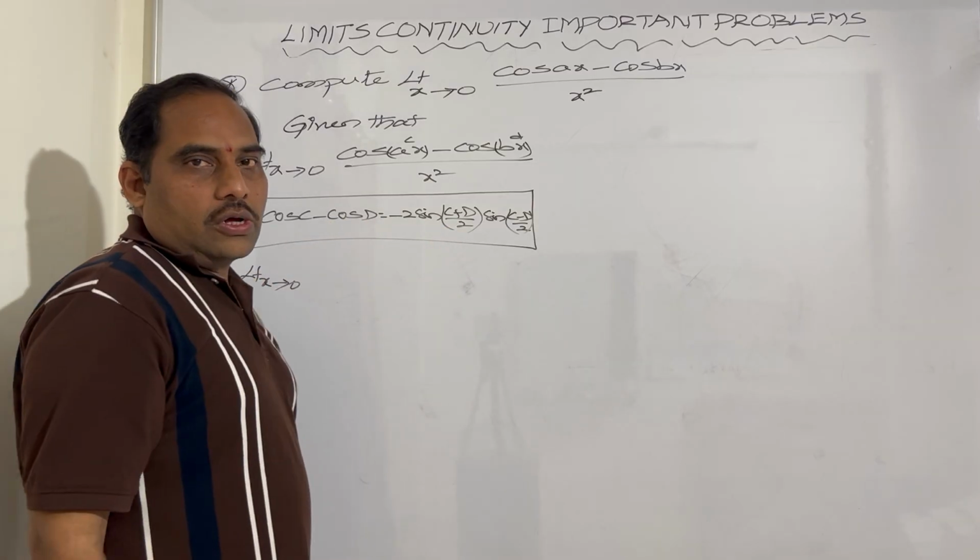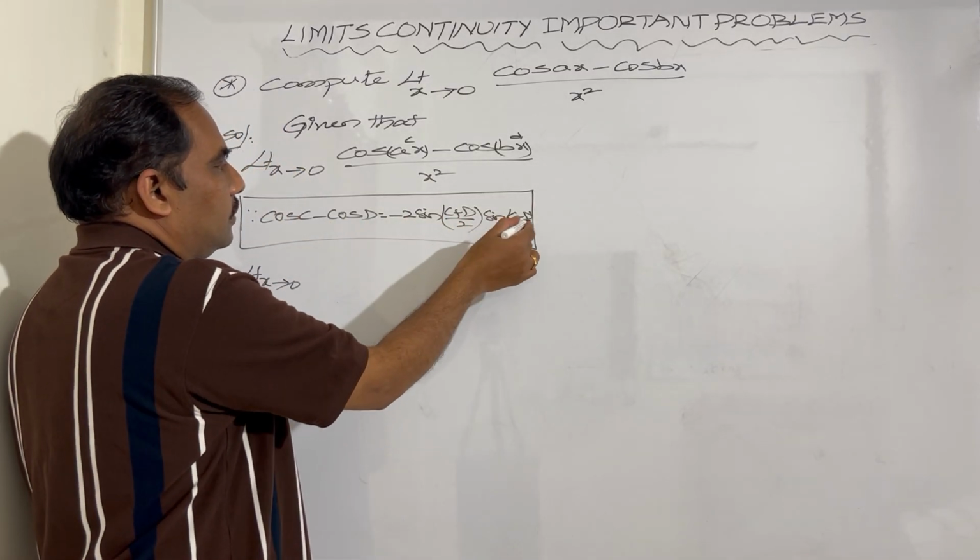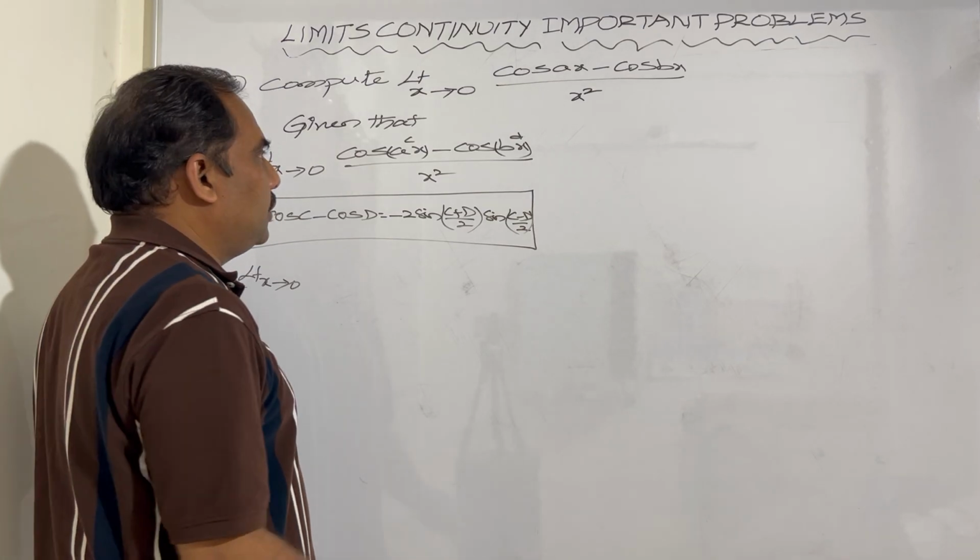So cos c minus cos d is equal to minus 2 sine (c plus d) by 2 sine (c minus d) by 2.